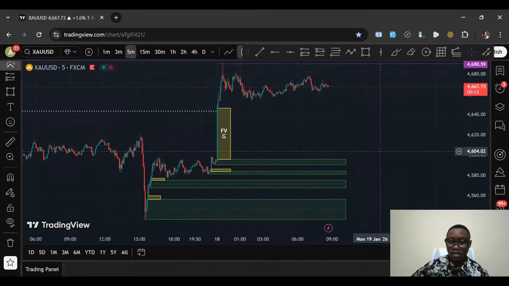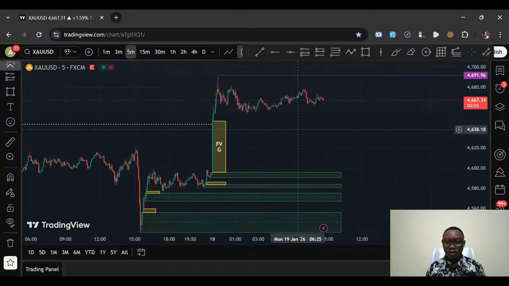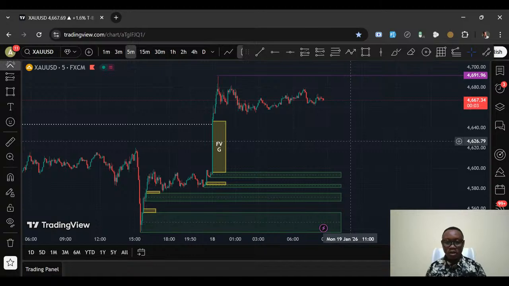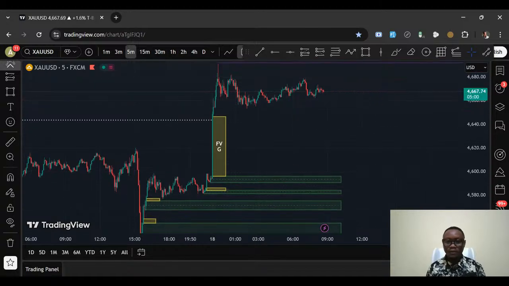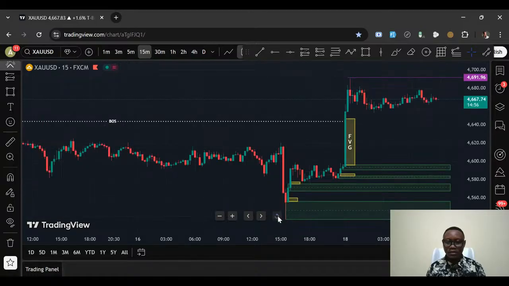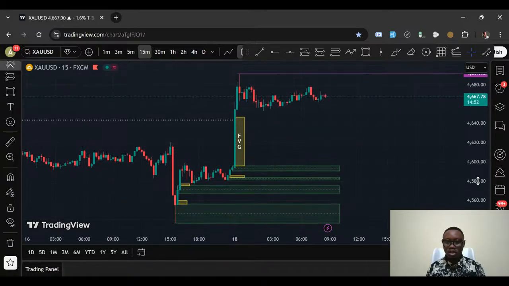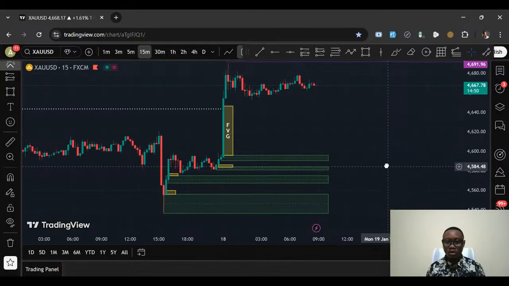Like I used to say, there are two entry models I use, right? We have the risk entry model, and we have the confirmation entry model.